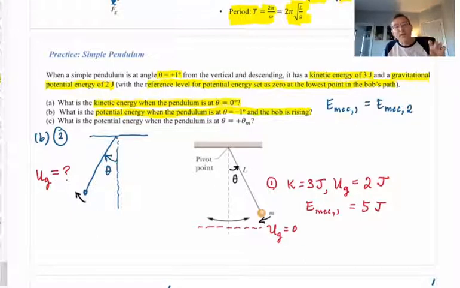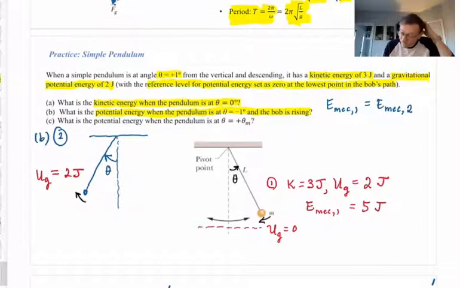If it's the same angle on either side, 1 degree on the right side of vertical or 1 degree on the left side of vertical, the bob will be at the same height above the low point, and therefore the U grav will be the same on the left side at a 1 degree angle as it was on the right side at a 1 degree angle. So U grav is 2 joules, just like it was when the bob was on the right side at a 1 degree angle. That's answer 2.